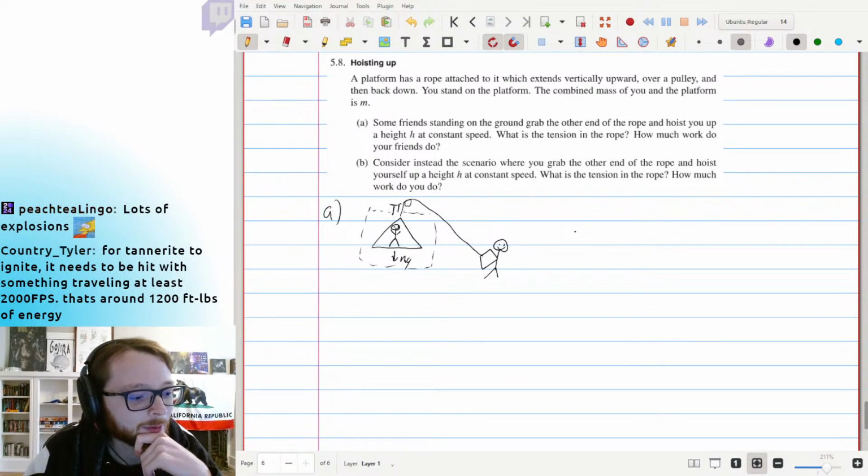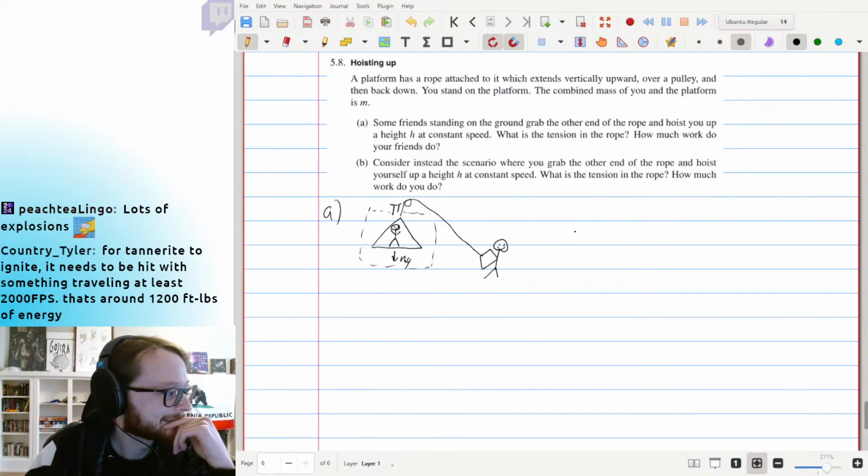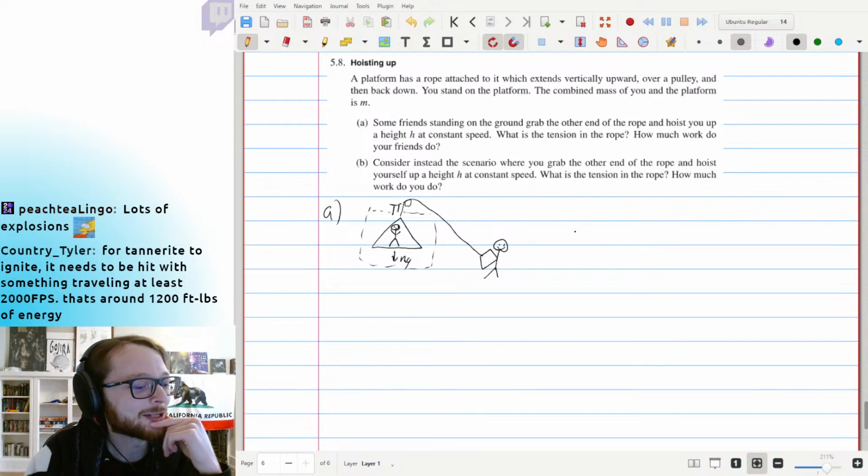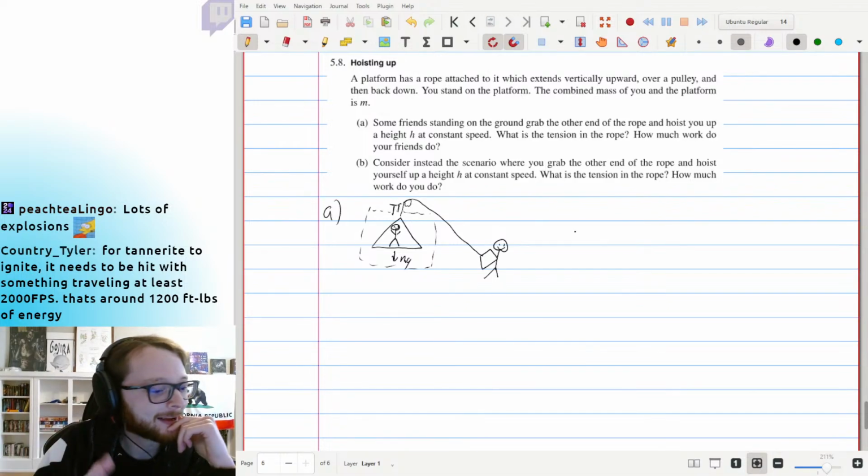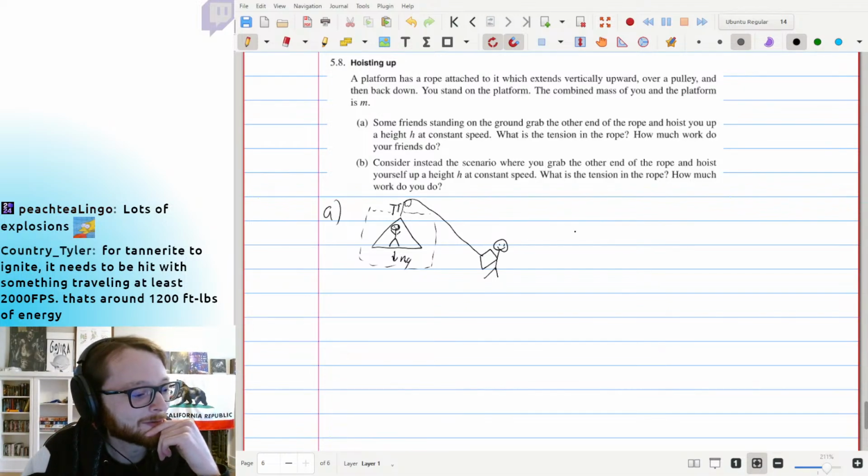You have to literally hit it? How fast is a slap? Imagine if you could just slap super fast to ignite tannerite. That would look really cool. You probably would lose your hand or something. 2,000 feet per second, that's probably way too fast, right? Okay, never mind.